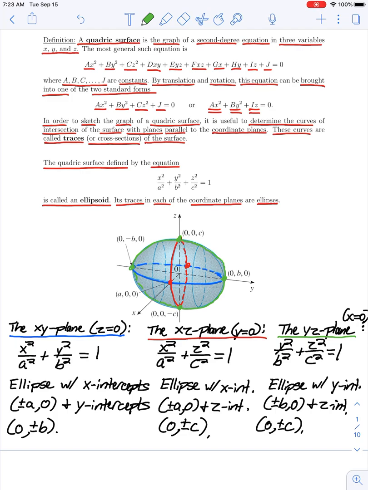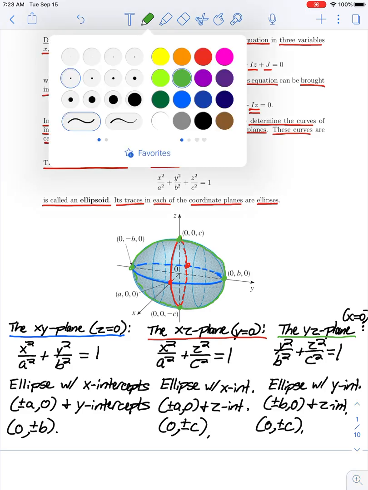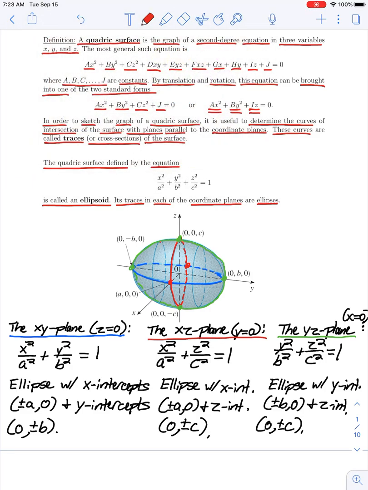So if we were to also consider planes which would be parallel to these coordinate planes, we could see that we would get ellipses in those parallel planes. So if I consider planes which are parallel to that xz plane moving outward along the positive or negative y-axis, we see that we also get ellipses.